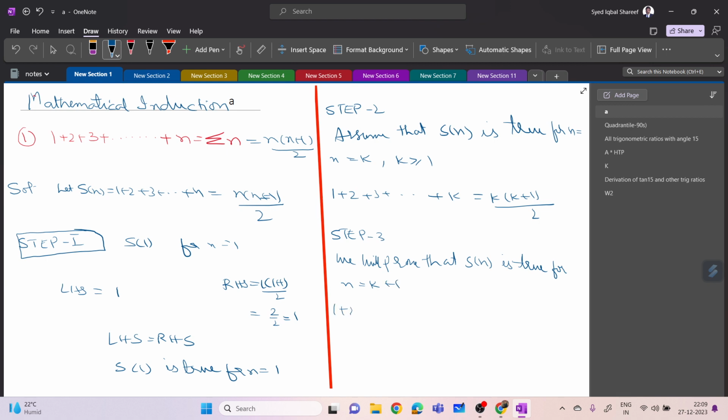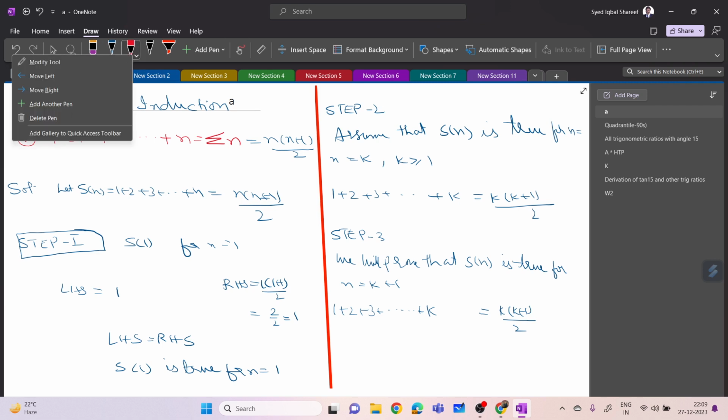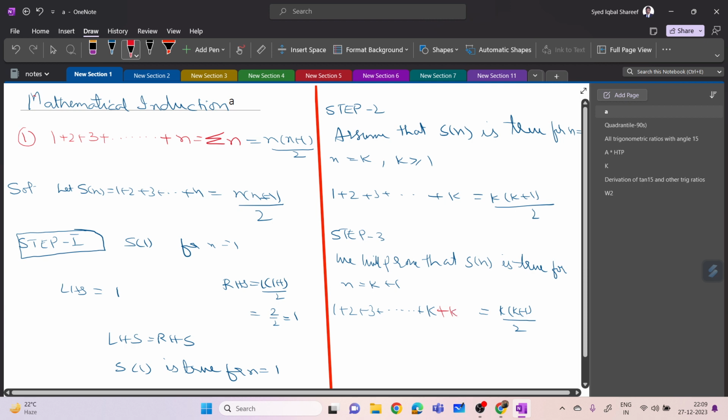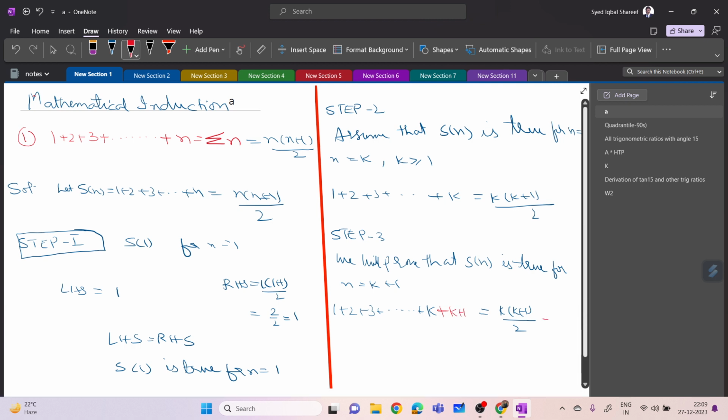So that means 1, 2, 3 and so on up to k into k plus 1 by 2. So this is n equal to k plus 1. So here extra we are writing k plus 1, here also k plus 1.